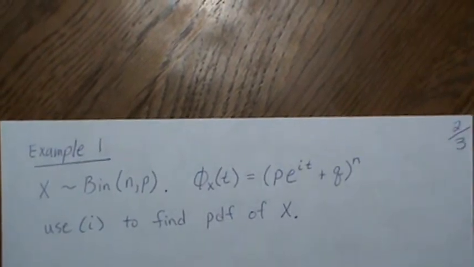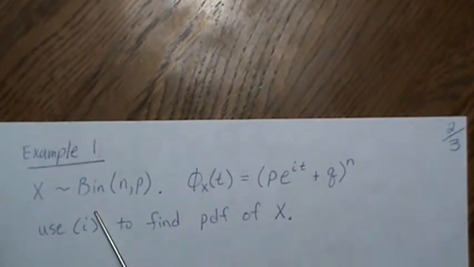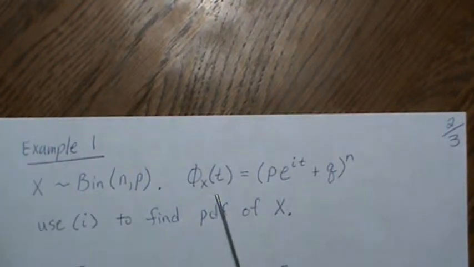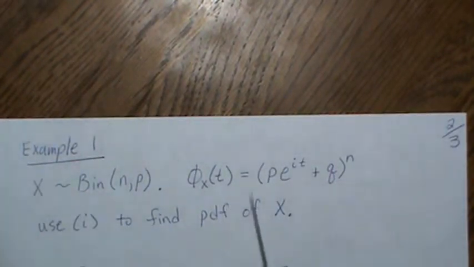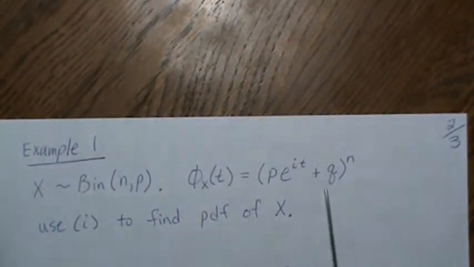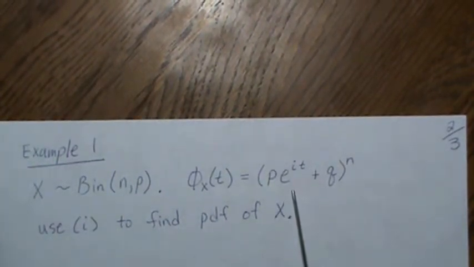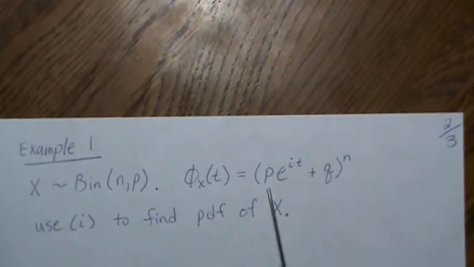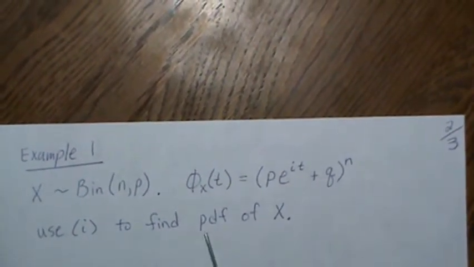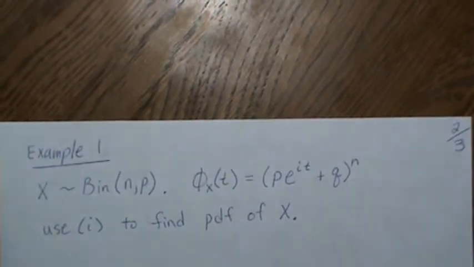So let's let x be binomial. We haven't shown this, but in a later video we're going to show that the characteristic function of a binomial is this equation, where q is 1 minus p, and p is the probability of success. And we're going to use number 1 to find the PDF of x.